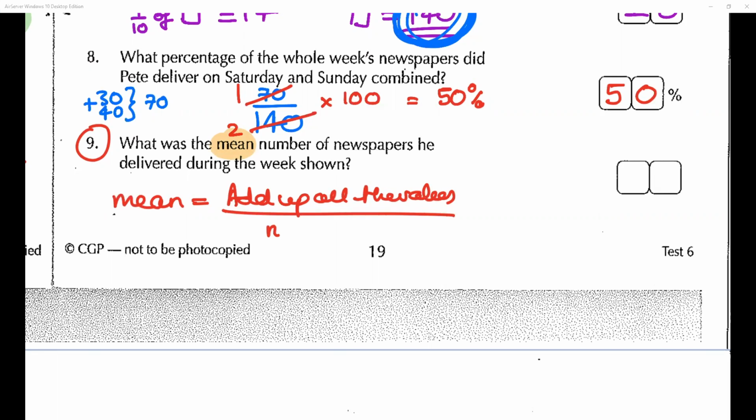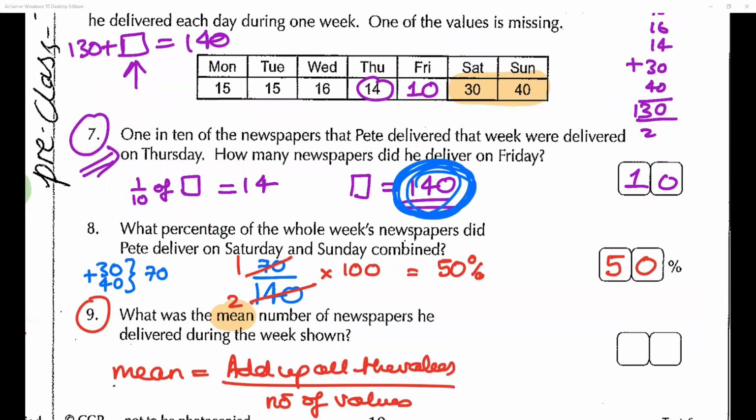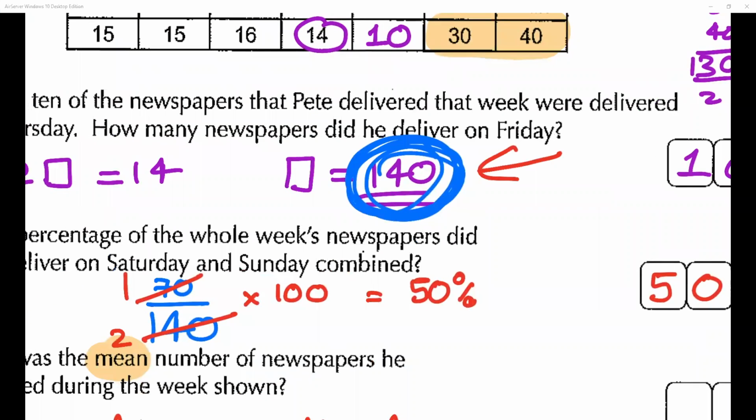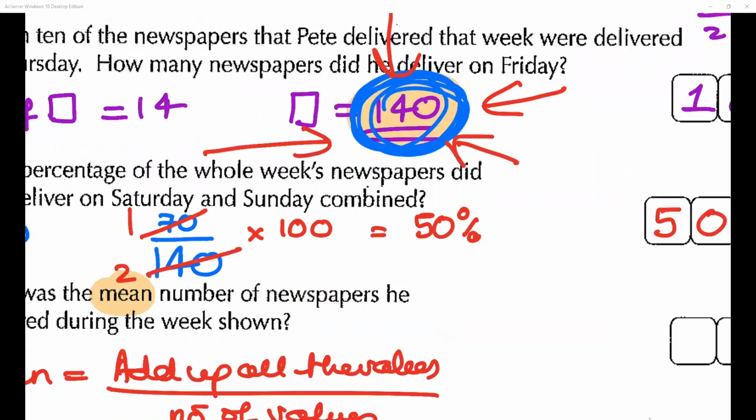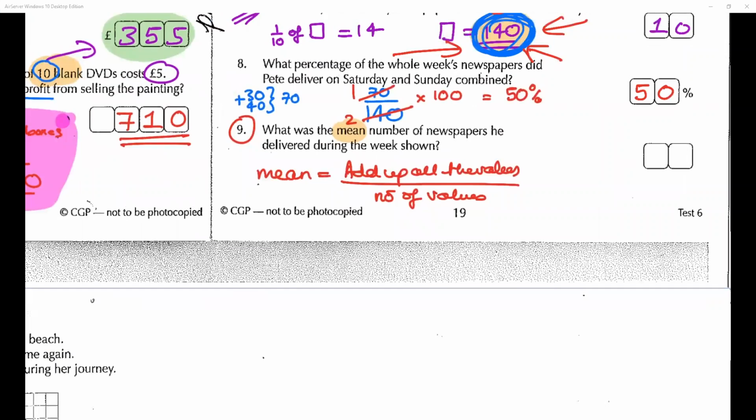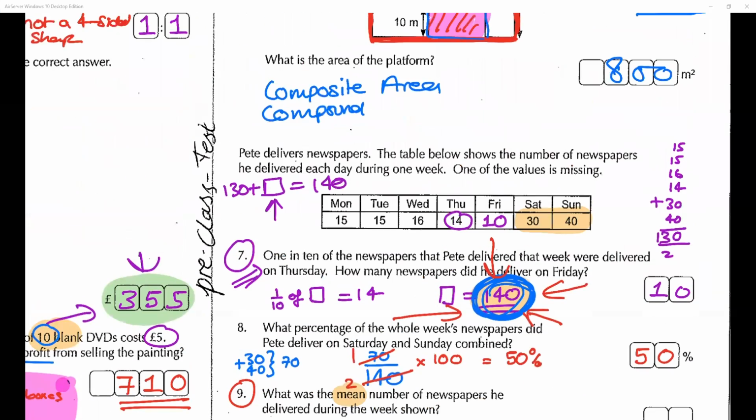Fantastic. Divided by the number of values that you have. Now, we've already added them all up before. What was the total when we added them all up? 140. So we know what the top one is. So the top value is 140. And how many values do we have?